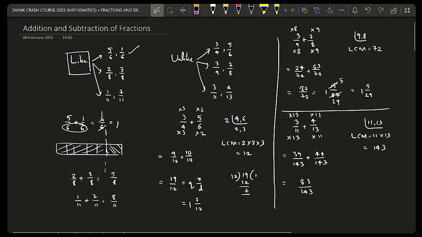Sir, the equal denominators method is so easy. Yes, only easy. That's the shortcut. Decimal also we can do, but I don't suggest it because first you need to convert into decimal and add. You'll get a decimal and again convert back into fraction. That will take time.